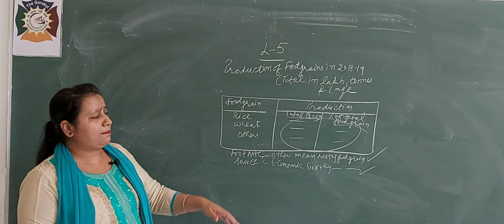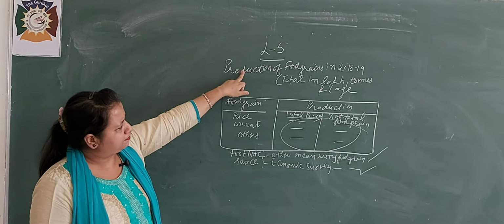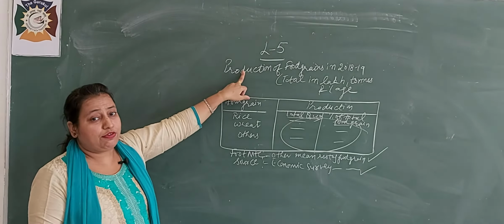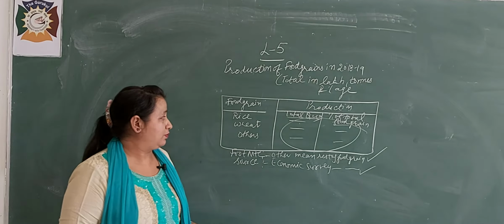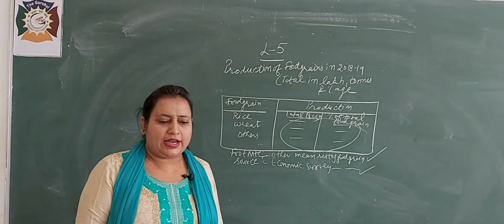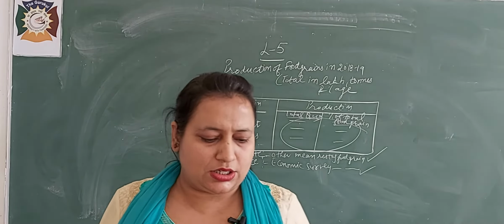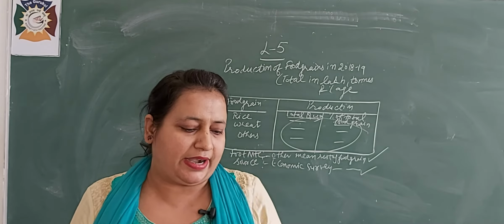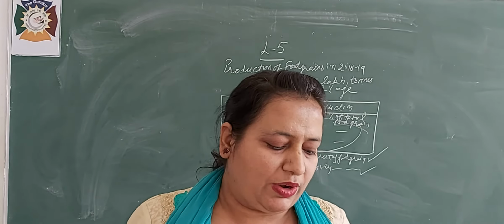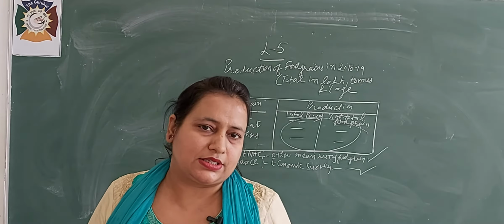I am telling you again: the first part is the heading. The table number, if given, is part of the heading. This is the head note. Food grain is the stub head, and rice, wheat, other are the row headings.